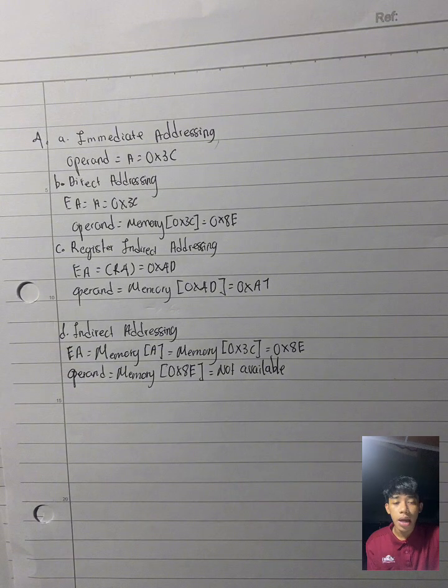In question 2, I applied Booth's algorithm to multiply -15 by -4 and got positive 60. In question 3, I used restoring division to divide 7 by -5 and got a quotient of -1 with remainder positive 2. And in question 4, I explained addressing modes and determined the operand value for each address. And I think that's it.